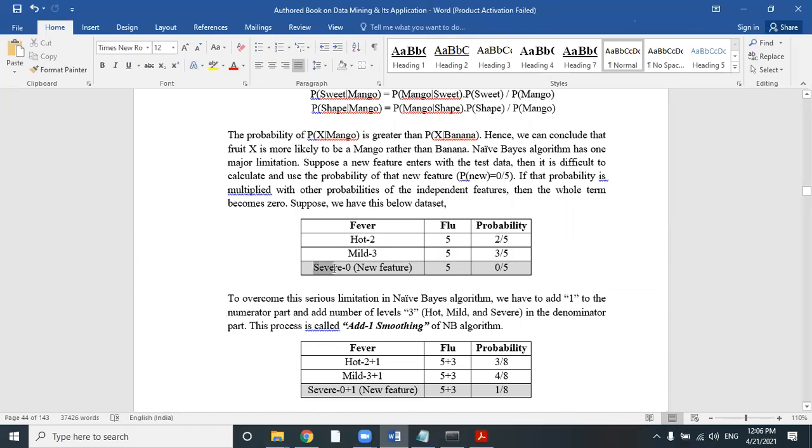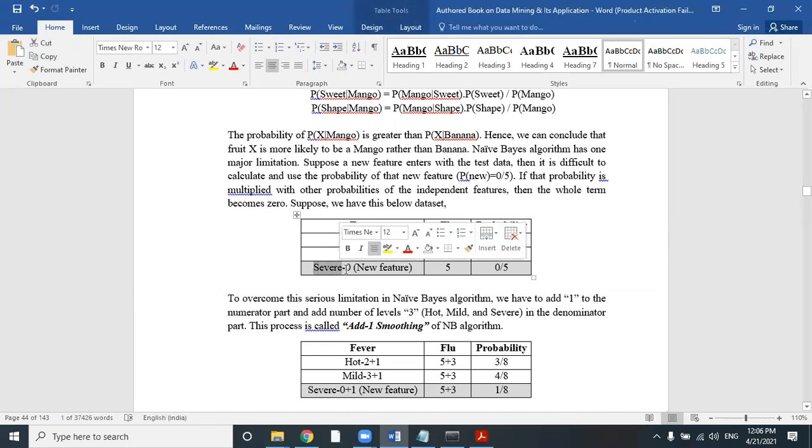This is coming in the testing data set for the first time; it has no appearance in the training data set. Do you remember what I said about the training and testing data set? Suppose you have a data set of 100 columns. You can break down the data set into 2 sub data sets. One sub data set is called the training data set, and the other is called the testing data set.